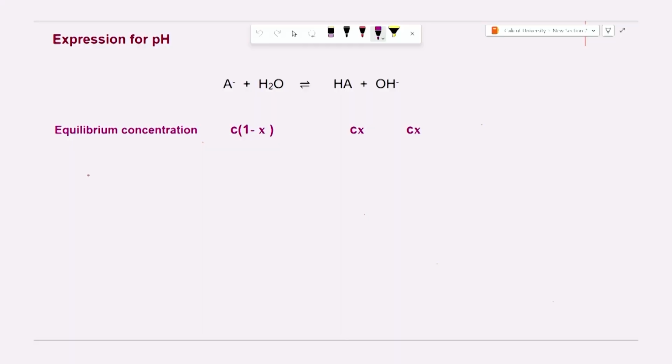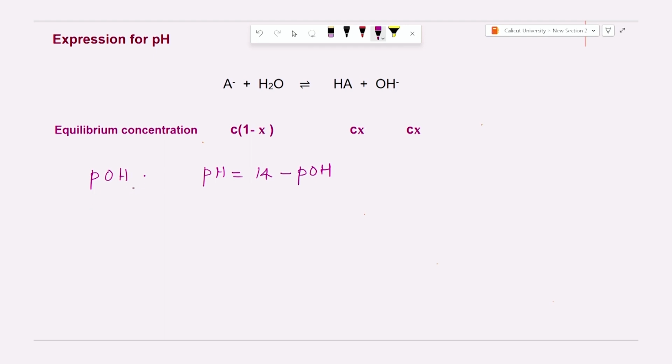Now, to find pH, you are supposed to find out first pOH, because once we get pOH, you can find out pH by subtracting pOH from 14.